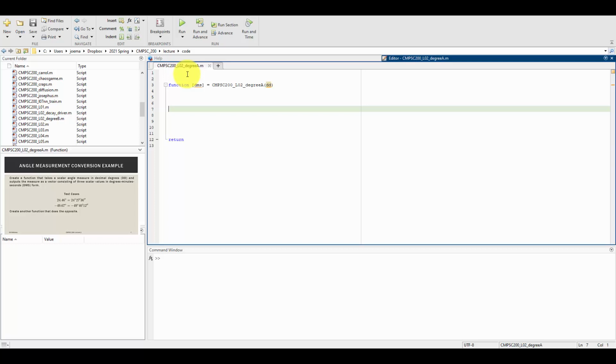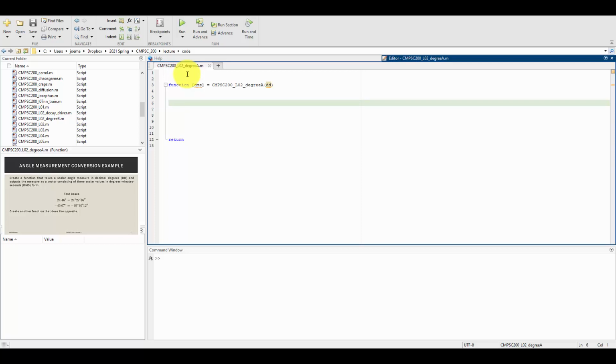So when we are converting from the decimal form to the DMS form, we notice that the integer part, the whole number part before the decimal, is going to be the same as the number of degrees we have in the DMS form. So from the DD, we want to pick out just the stuff to the left of the decimal, because that's going to be the degree for the DMS form.